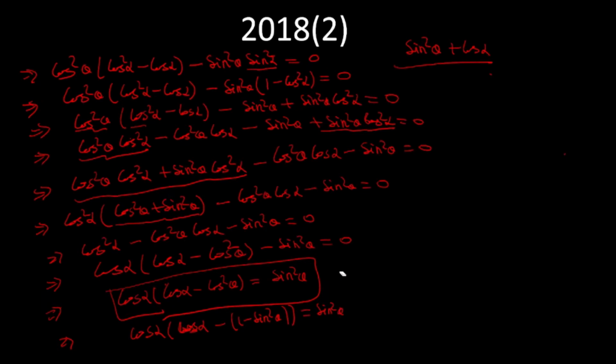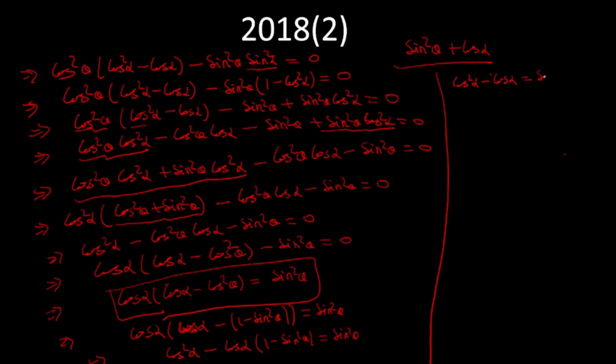Okay, so next we open this. When we open, we get cos square alpha minus cos alpha times 1 minus sine square theta equal to sine square theta. So I take the sine square theta value to one side. Then we get cos square alpha minus cos alpha, and on the left side we get sine square theta and 1 minus cos alpha.